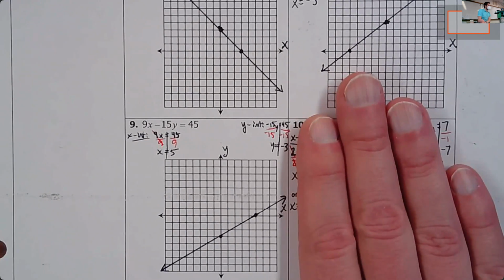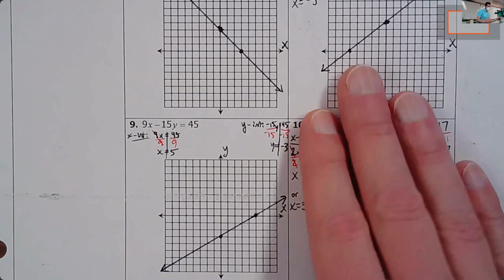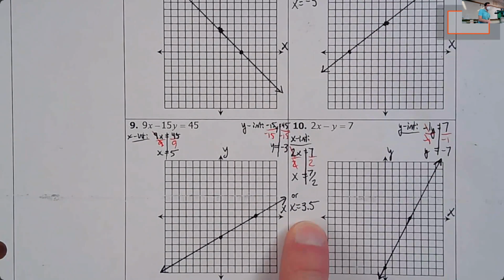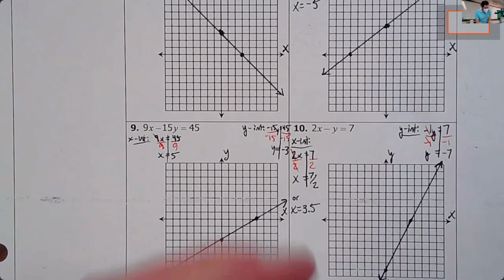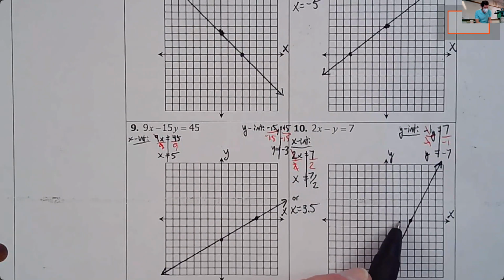Seven over 2, yeah. 7/2 is 7 halves, which is the same as 3.5. Now, practically speaking, 3.5 is going to be easier than 7.5 in terms of putting it on the graph. So basically what I did is I went to 3 on the x-axis, 1, 2, 3, and then I put my point basically halfway in between 3 and 4.